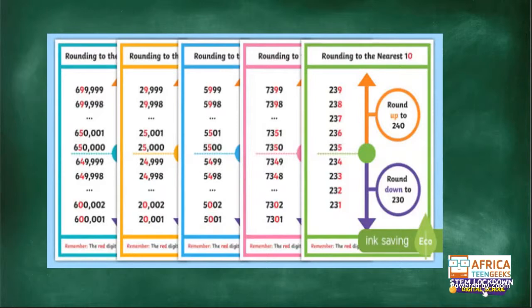Okay? Let me look at the chat box quickly. Yes, that's correct, JD. JD says 4321 goes down and 56789 goes up. That's correct. Great.